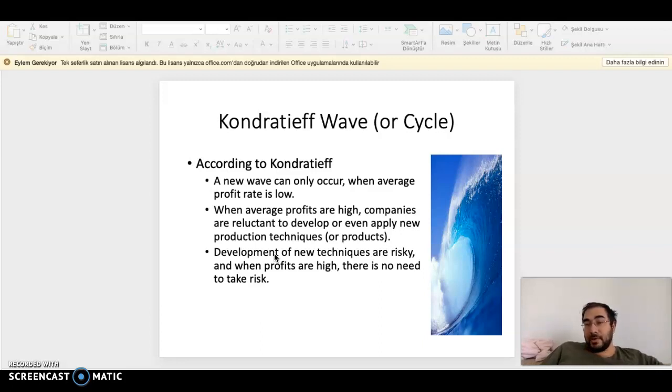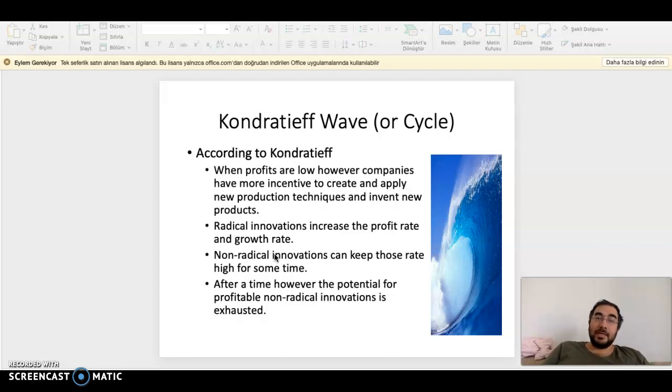So you see, when average profits are high, there is a period when radical innovations are rarer, especially the ones that are actually used. The setup of the Kondratiev model is built on this background.